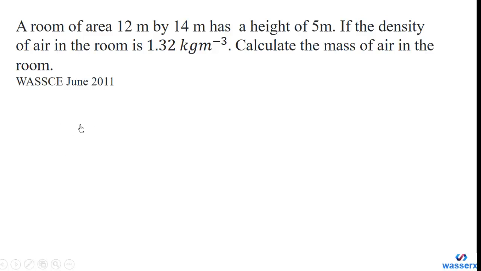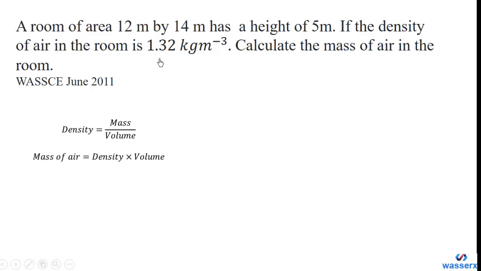This is from June 2011. We know that density is related to mass and volume as follows: density is equal to mass over volume. We are asked to calculate the mass of air, so we make mass the subject: mass of air is equal to density times volume.